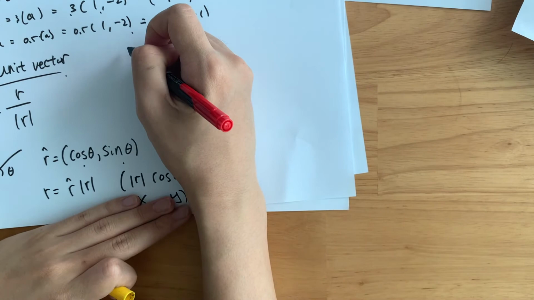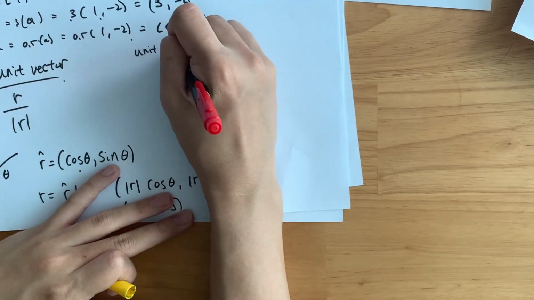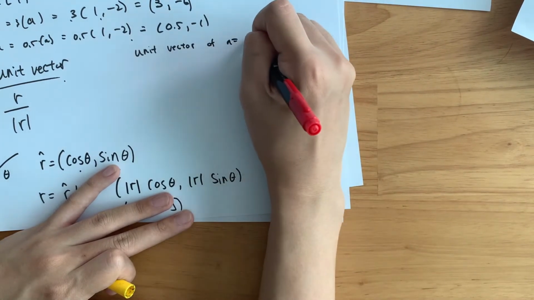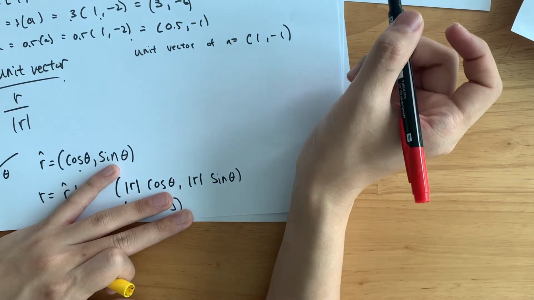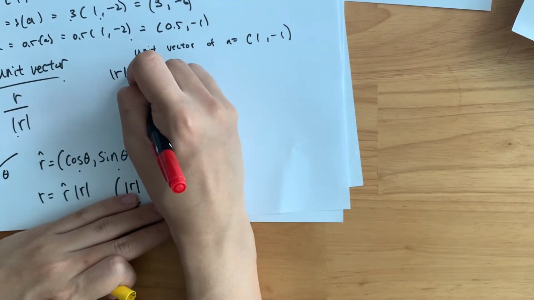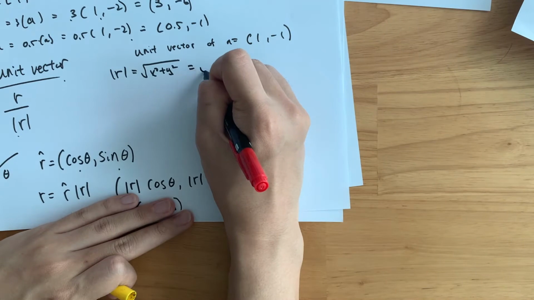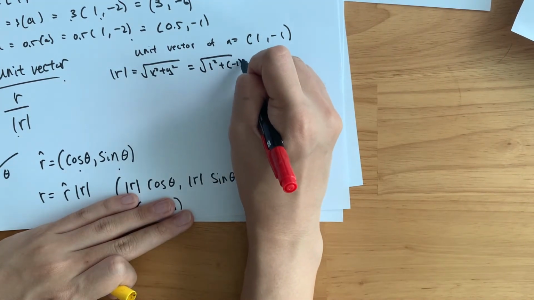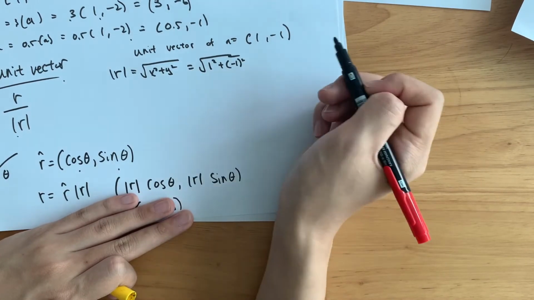I think we can use this space here. Unit vector, let's calculate the unit vector of a equal to 1 and negative 1. First, we have to find r. This one is just the square root of x squared plus y squared, right? So we do 1 squared plus negative 1 squared. Negative 1 squared is just 1, right?